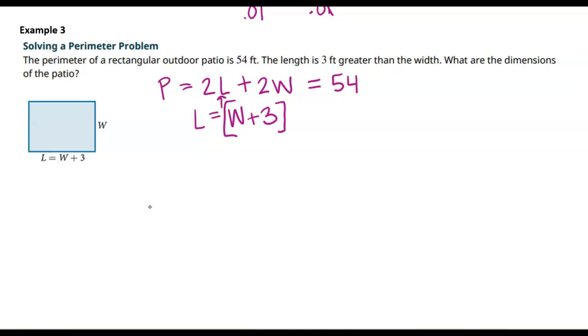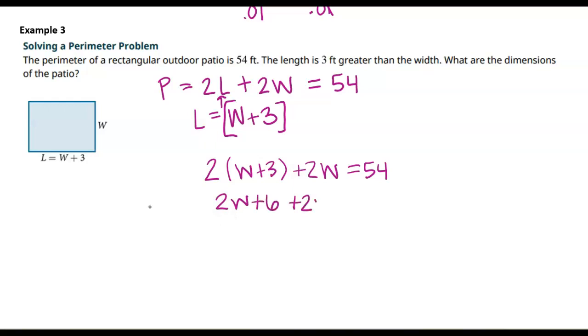So that gives me 2 times w plus 3, plus 2w, must be equal to 54. 2w plus 6 plus 2w equals 54. I got that by distributing my 2. 4w plus 6 equals 54.